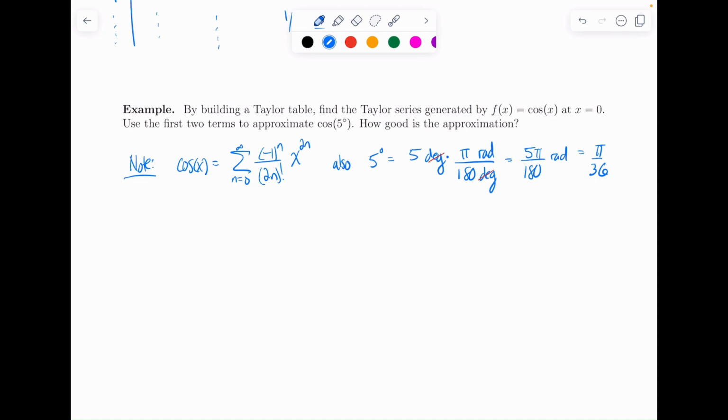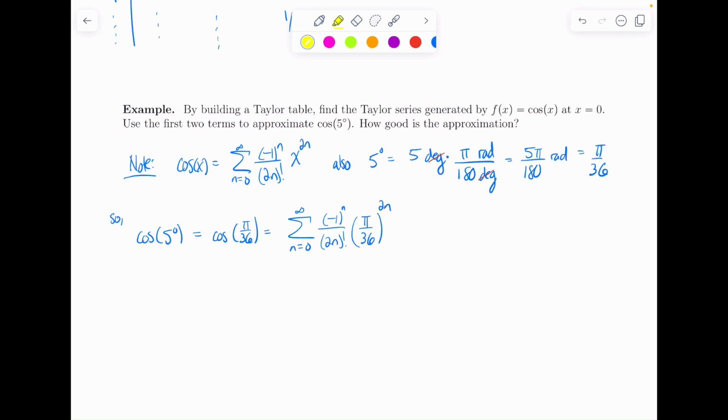So, what does that mean? That means that cosine of 5 degrees, we now recognize, is the same as cosine of pi over 36 once we're in radian world. And if I use the associated Taylor expansion that I have here, I'm working with the series starting at 0 of negative 1 to the n over 2n factorial, but now my x is pi over 36.